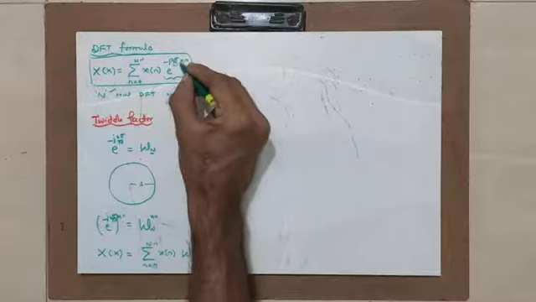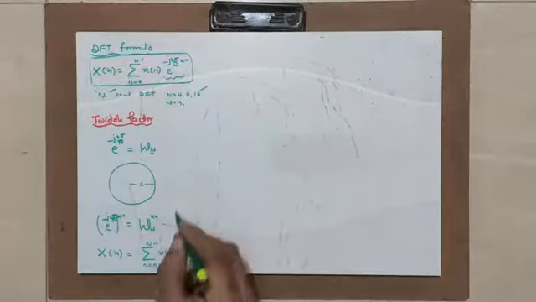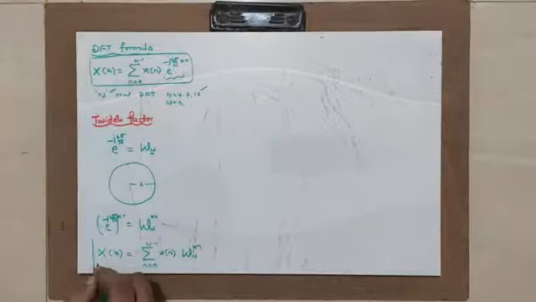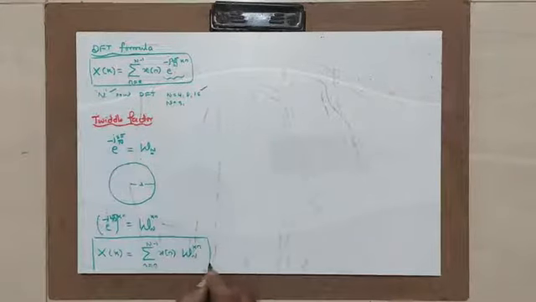The same formula. I just replaced this with the twiddle factor, where twiddle is e raised to minus j 2 pi by N. This is another very important formula.